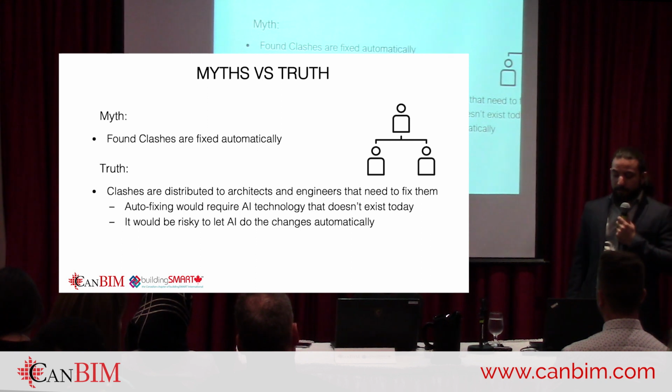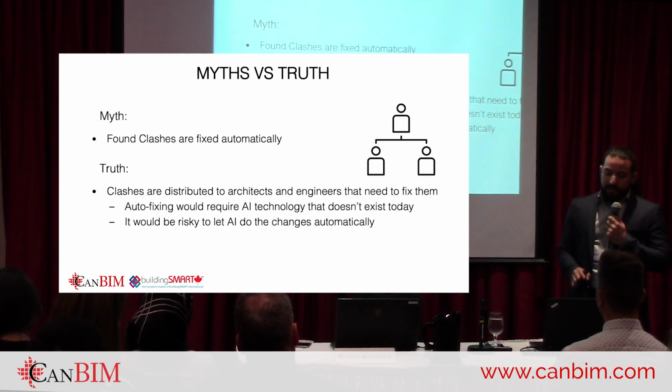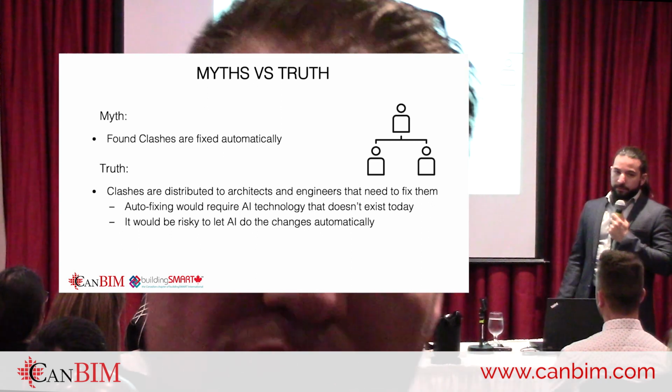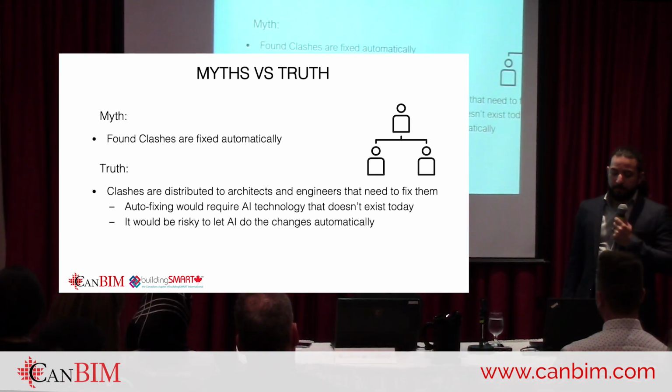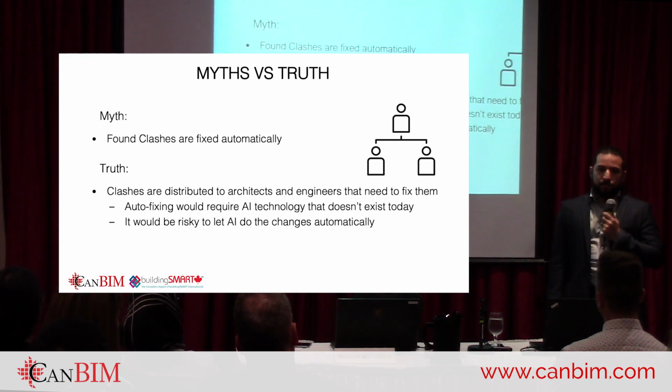basically, if we had a system that would solve these automatically, I'm not sure if anyone would really want to use that. Imagine somebody has run a sprinkler pipe through a railing, like a stair railing. And don't tell me it doesn't happen. It happens all the time.